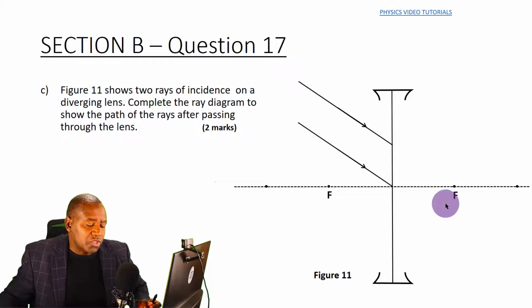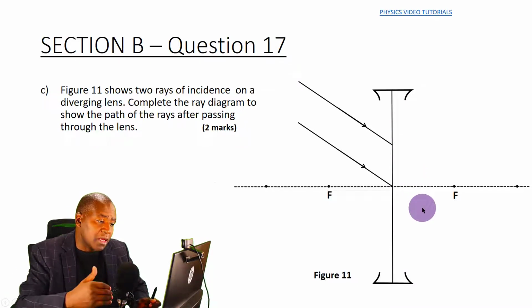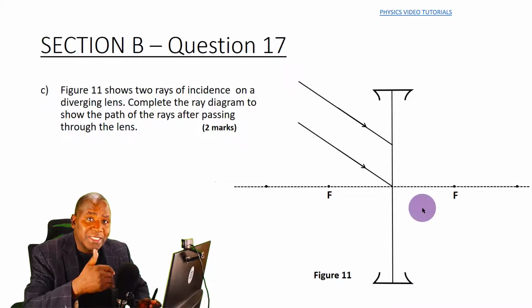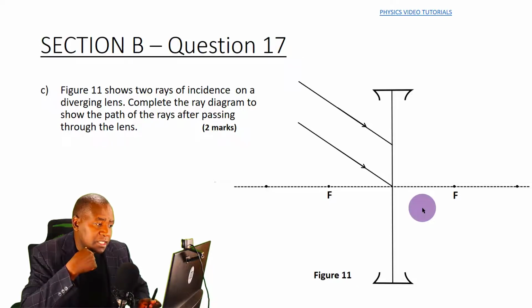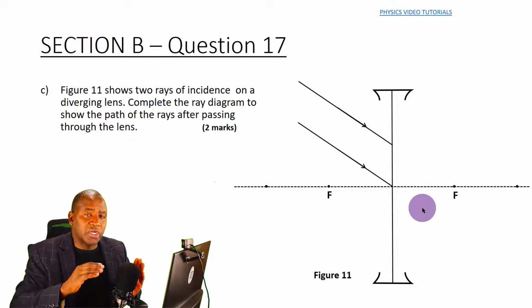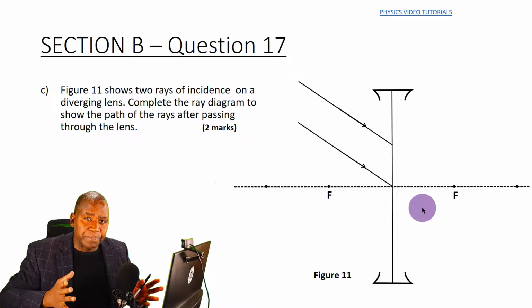In the actual question paper, you find that they had made these distances different. So this was a little bit shorter than this one here, the focal length. That one is possible because the curvature of the two surfaces of the lens need not be the same. But at this level, we usually study lenses which are of uniform shape.